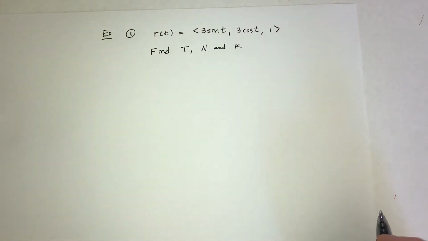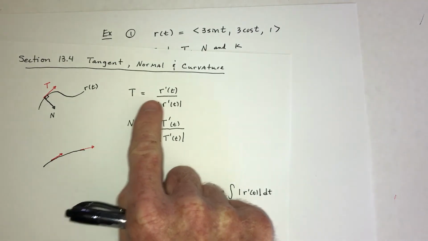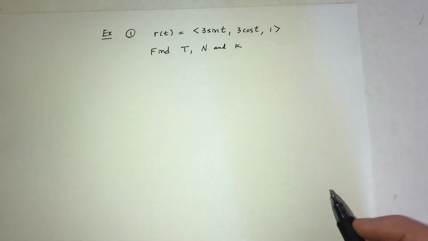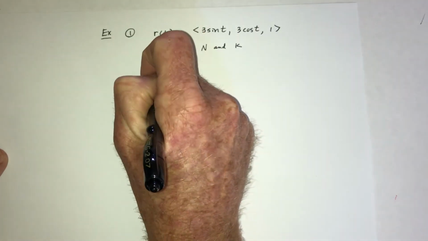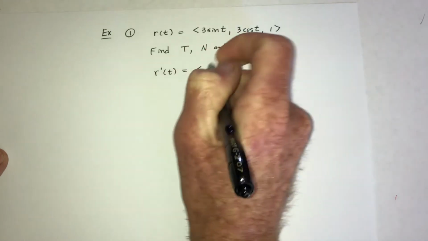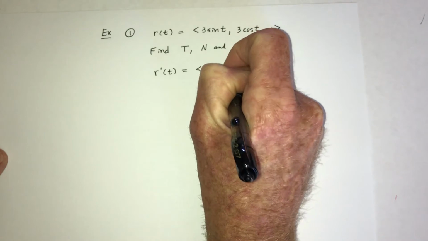All right. So capital T, we just need the derivative divided by its length. So first of all, the derivative. The derivative of sine is cosine, so this one is 3 cosine of t.